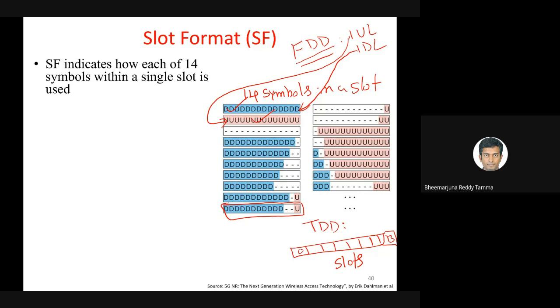And there are two symbols which are shown with a dash. These are called flexible symbols, which can be used for downlink or uplink, or they can be used to create something called a guard period.